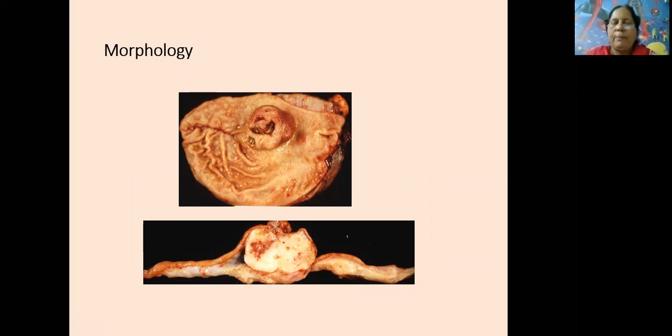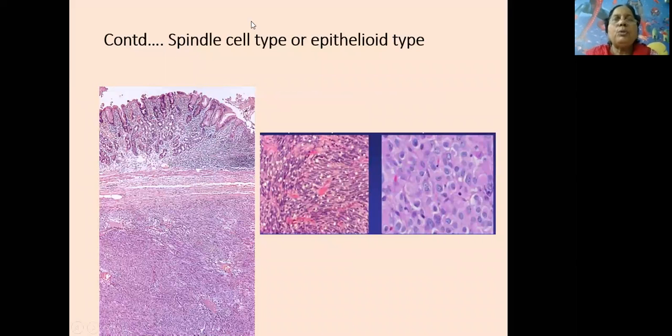Whorling will be there. Histologically, there are two types: spindle cell type and epithelioid type. This is the mucosa, and the tumor arises from here. These are the spindle cell type. Spindle cells are elongated cells with smooth borders and pointed ends, and because of these cells, it has a whorled appearance.